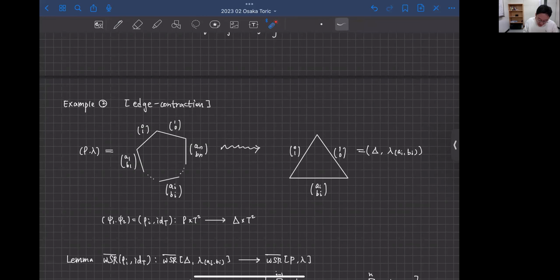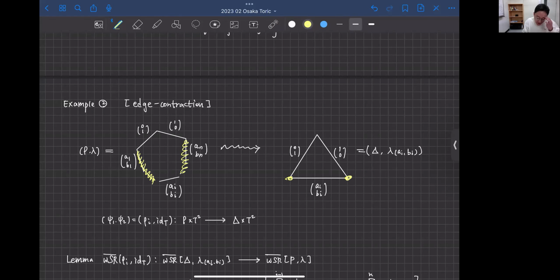So remember that edge contraction is nothing but collecting all the edges except for 3 edges that I want to look at. For instance, in this case, I'm collecting these edges and these edges to this vertex and this vertex, right?